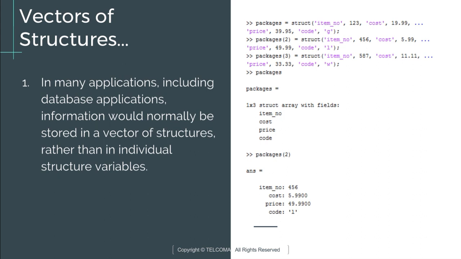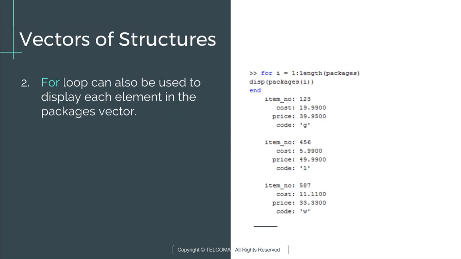And same for packages 2. This results in item number as 456, cost as 5.99, price as 49.99 and code as L. And we can also use a for loop, like for i equals 1 to length of packages, display packages of i, then end. Then this will display the 3 packages.